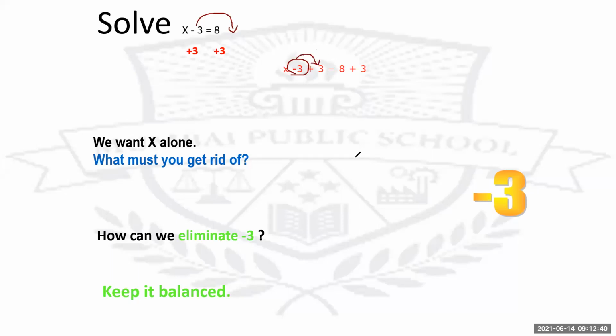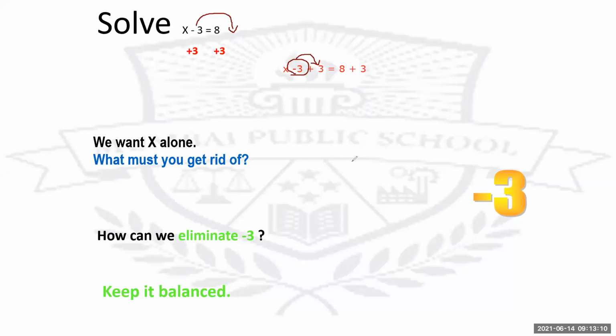In order to eliminate -3, we add +3. We take the opposite signs. If it is minus, you will take plus. If it is plus, you will take minus. If it is division, you will take multiplication. And if it is multiplication, you are going to take division. Is this understood by all the students? So -3 and +3 are going to get cancelled off.